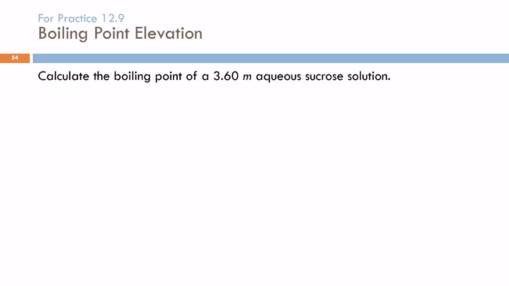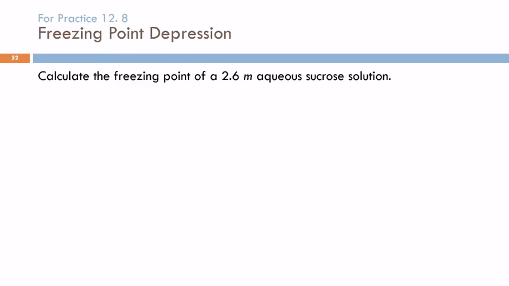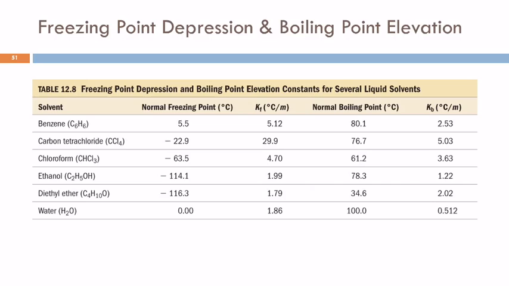However much you're lowering the freezing point is how much you're increasing the boiling point? That's a good question. Is it the same amount? Does it depress the freezing point and elevate the boiling point by the same amount? We have to look at the constants. For water, the freezing point constant is 1.86.